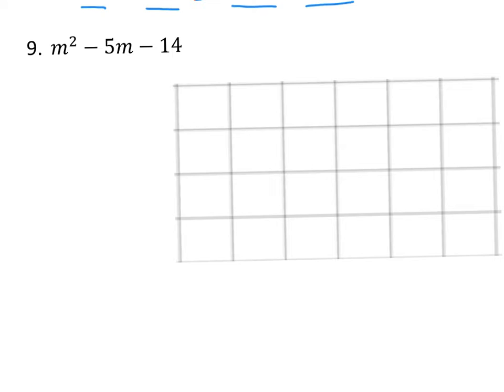And in the second column, we look at negative 7m and negative 14, and we notice that both of those numbers are negative, and that 7 goes into 14, so our factor would be negative 7, which means this 2 is going to be positive because m times m gives us m squared.